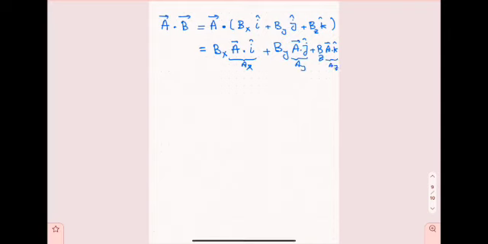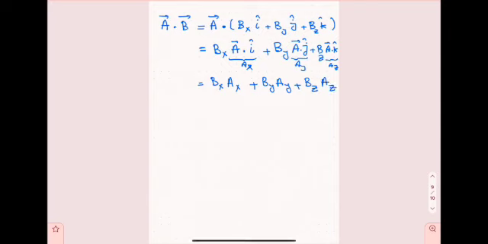Yeah? So we can rewrite this as Bx Ax. Now don't forget, these are scalar values, so it's just a multiplication of two numbers. Yeah? So then By Ay plus Bz Az.